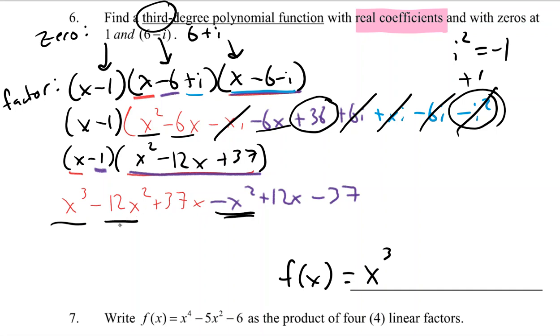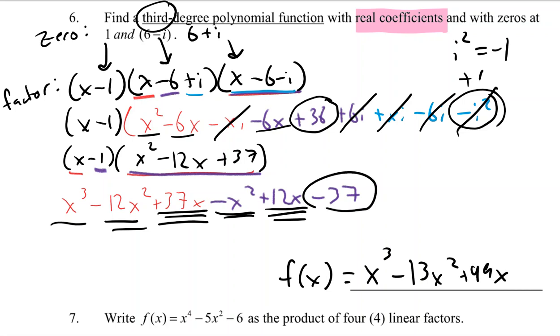Combine our x squareds. Combine our x's. And we have this as a constant that had nothing to compare with. Okay, so as a check, what should we know about this graph if I graphed it in a calculator? Do we know anything about what this should look like?